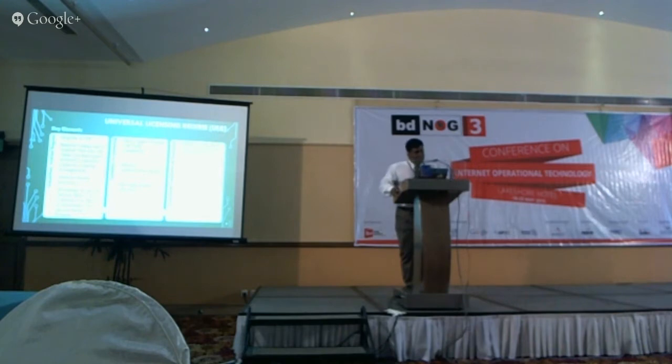As you can see on the screen, for the unified licensing regime there are a few key elements. First of all, it is a simplified and unified regime. Certainty is there in the licensing model, and it gives consistent treatment for all license holders.